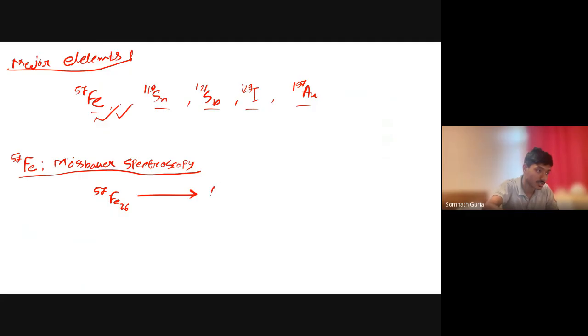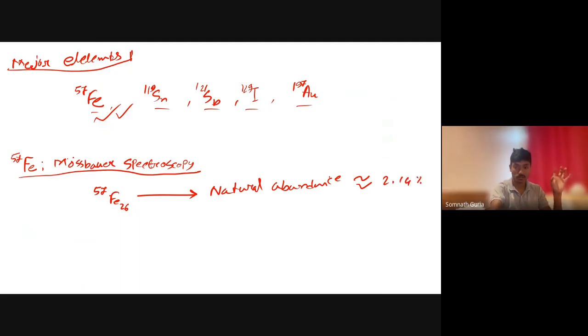This is the natural abundance, which is near 2.14%. If we have 100 molecules of iron, only 2% are iron 57. So we have to record the Mossbauer spectrum with these iron 57 isotopes. The other part is iron 56.